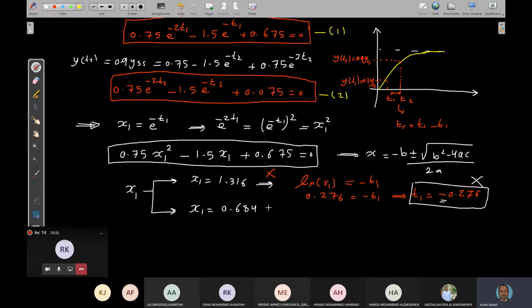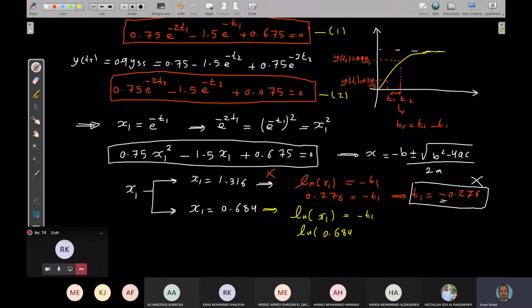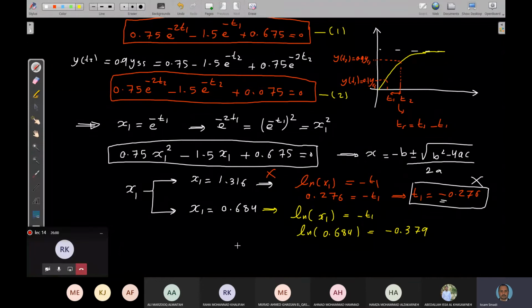With the second choice. So here the second choice is ln x1 equal to minus t1, and here is ln of 0.684, which is minus 0.379. So from here, t1 equals 0.379.